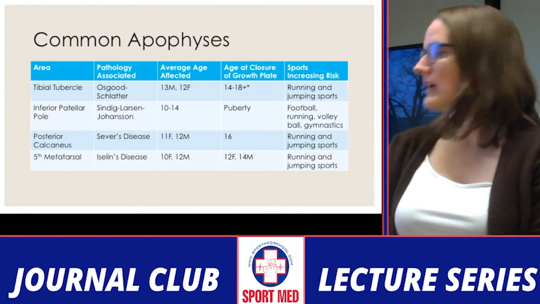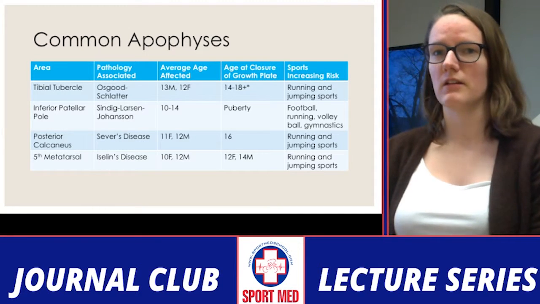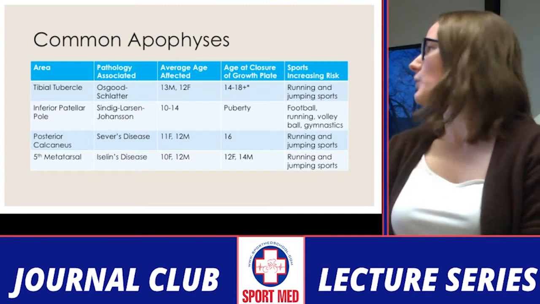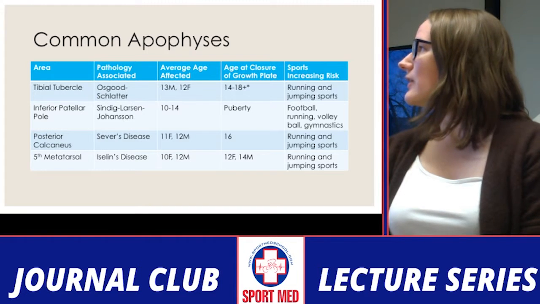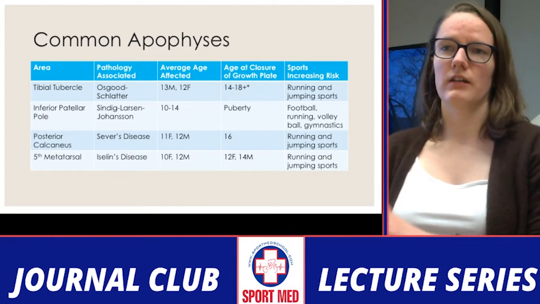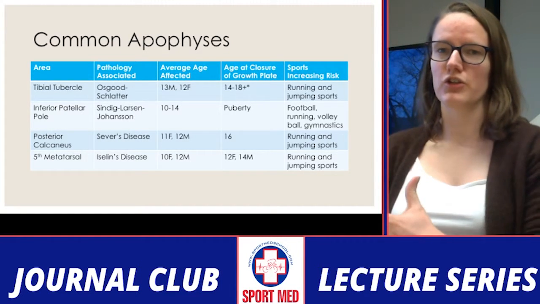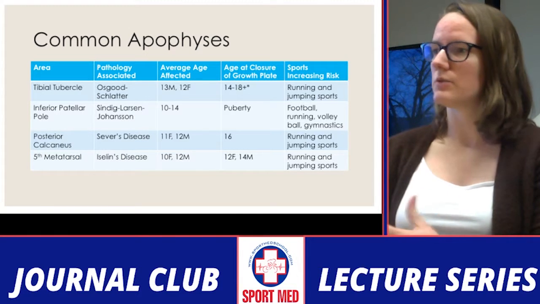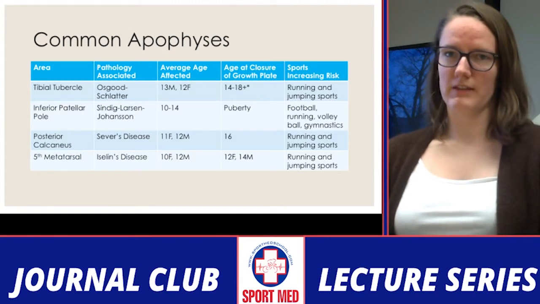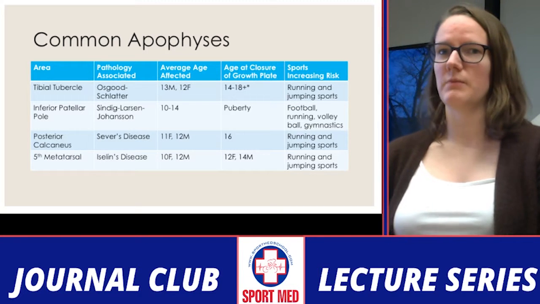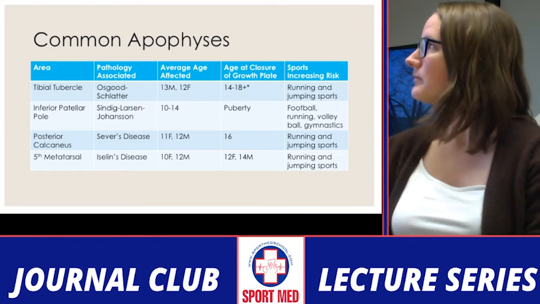And with ischial apophysitis, the growth plate can stay open for quite a long time, up till the age of 25. The other areas that I did not talk as much about or go into the literature looking for the chart for this were acromial apophysitis and greater trochanter apophysitis, but those can also be seen.